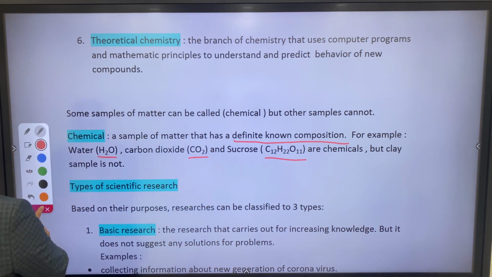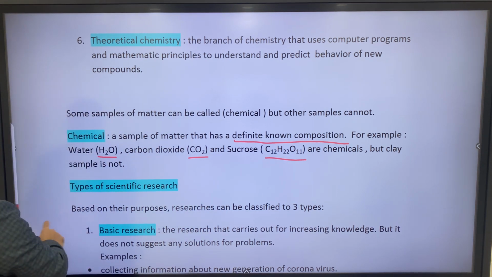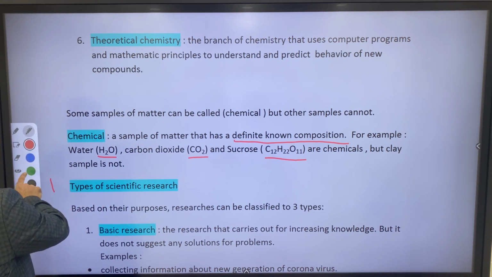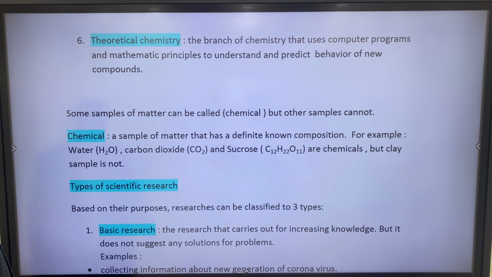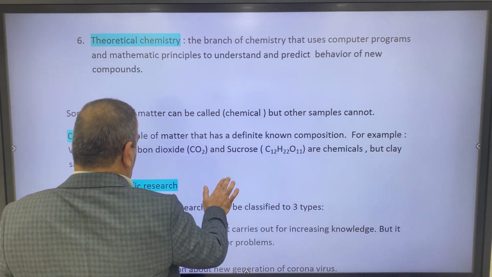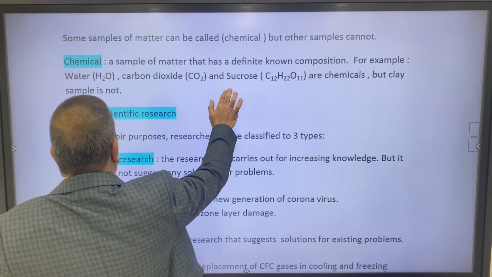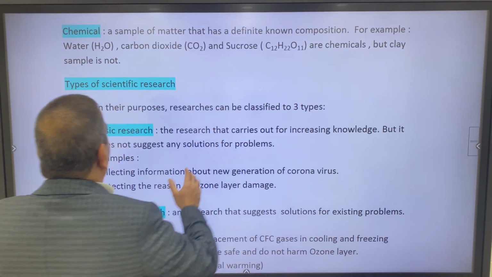Let's move forward. We have also types, sorry. Okay, we have types of scientific research.